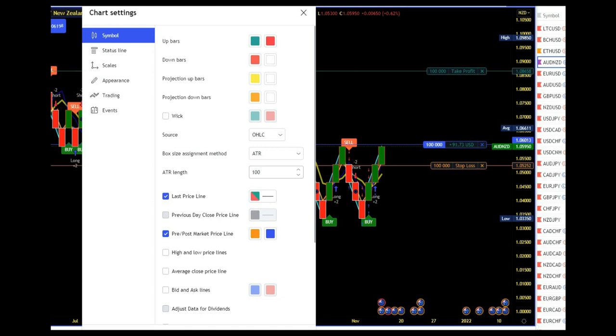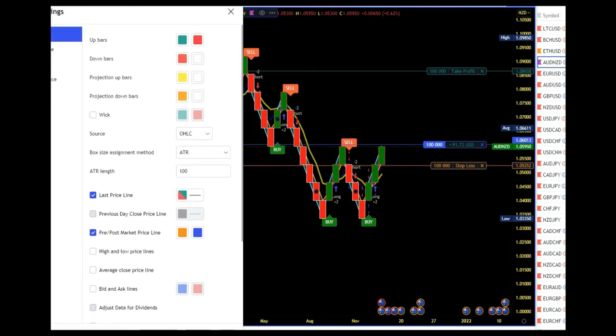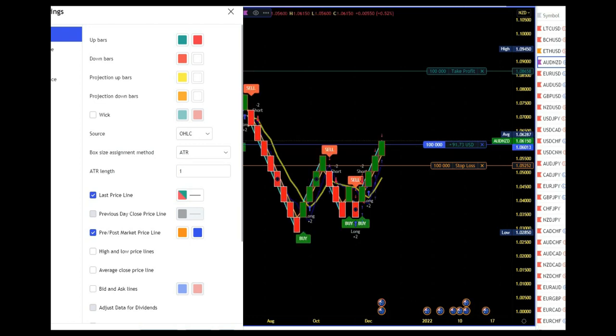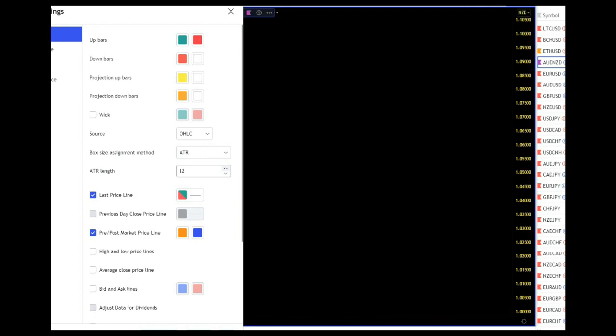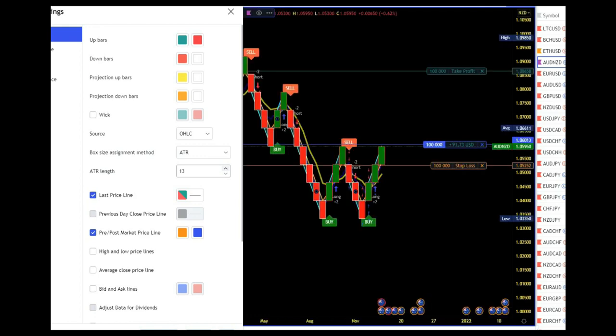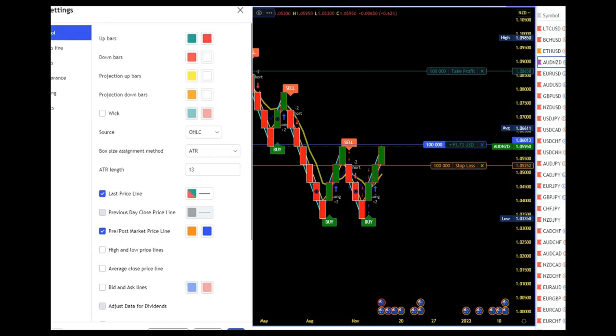If we put traditional, we can also adjust our box size, right? This is the number of ticks, or it works better with indices, for example, which take 500, 600,000 ticks every day. So we can also set the Renko charts to different numbers from 1 to 100.